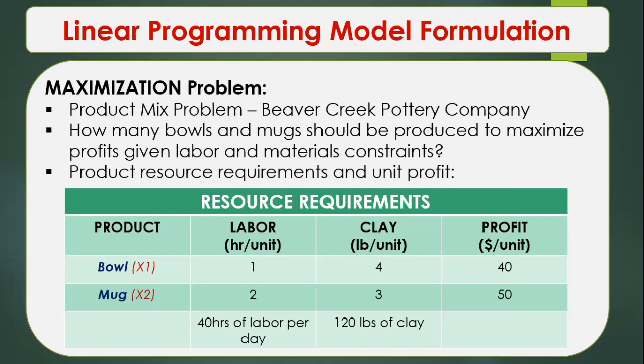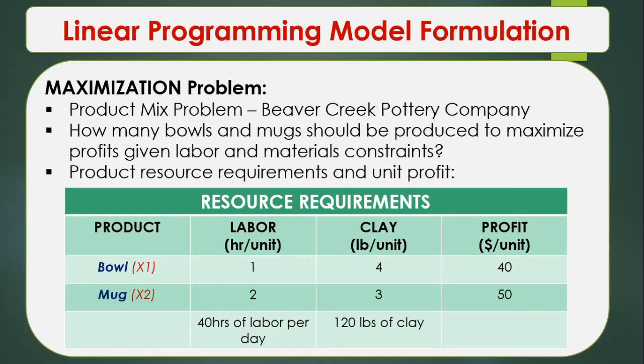On the other hand, the mug is going to be manufactured in 2 hours per unit, or per mug, in terms of labor. In terms of clay, we're going to need 3 pounds per unit, and the profit would be $50 per mug.